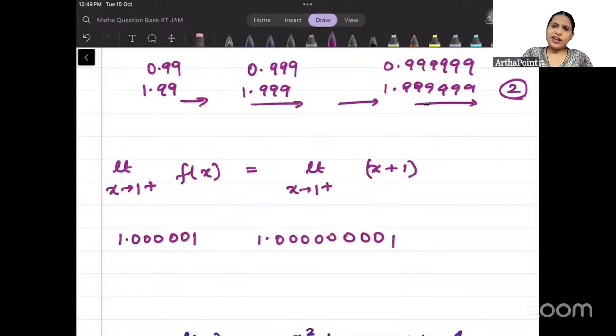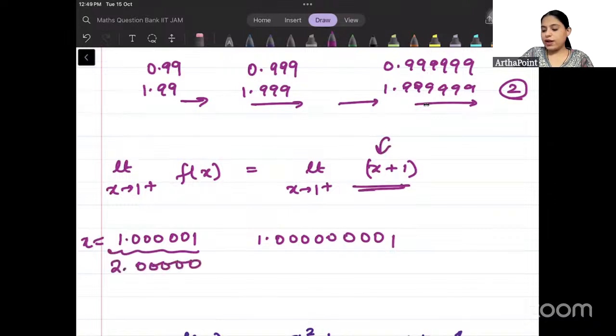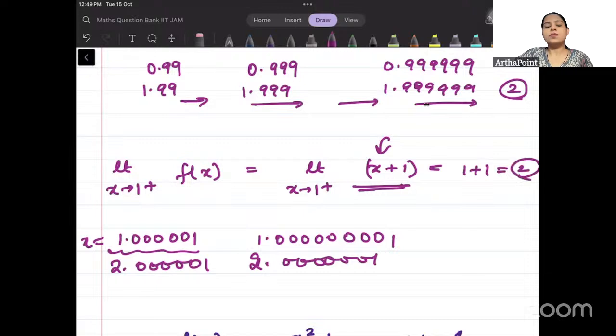Very, very close to 1. So if you take x values to be these, what will come out to be the value of the function if I plug x here? So I will get value again very close to 2. So I can simply plug in 1 here and I will get the answer as 2.